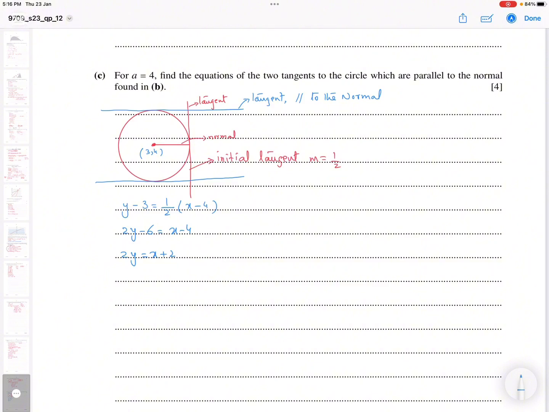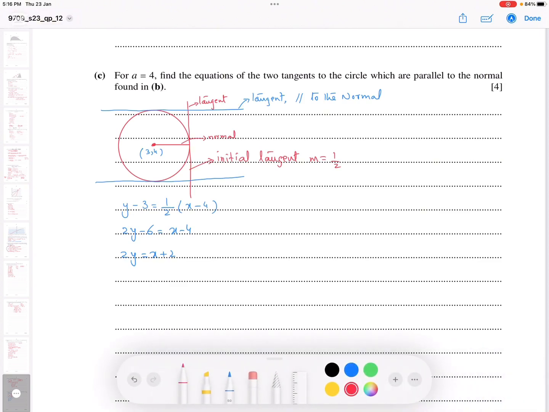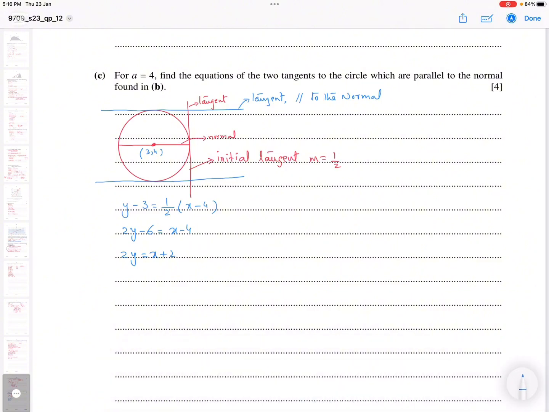This is actually the equation of the diameter.